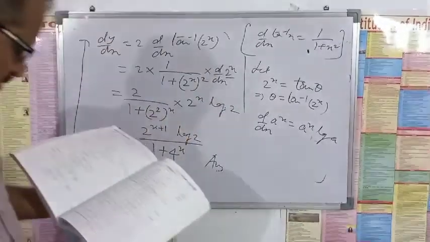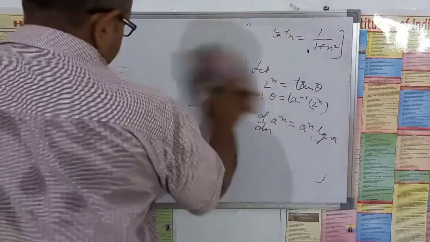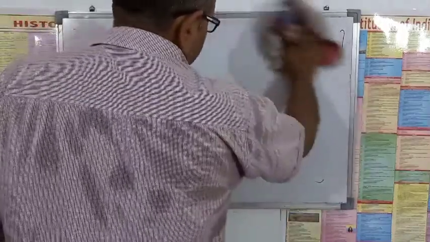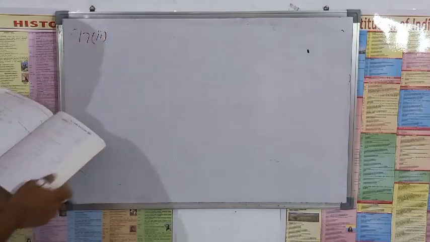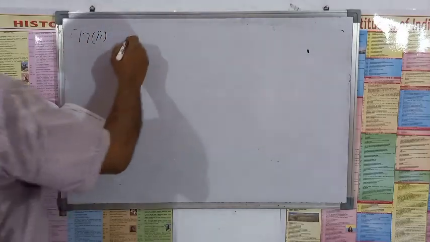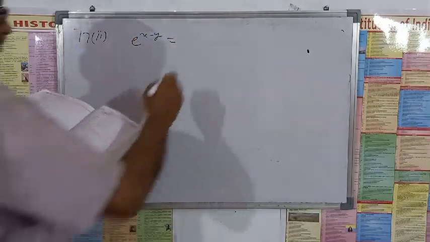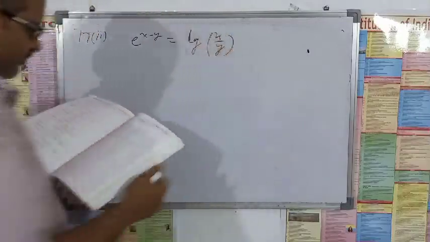Next question is question number 17, second part. e to the power x minus y is equal to log of x by y.